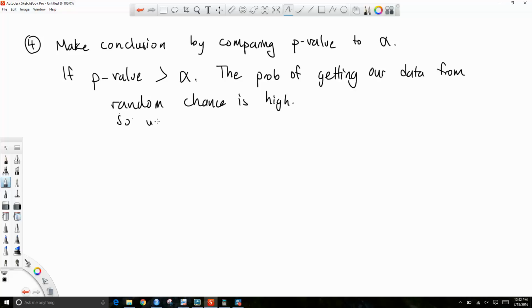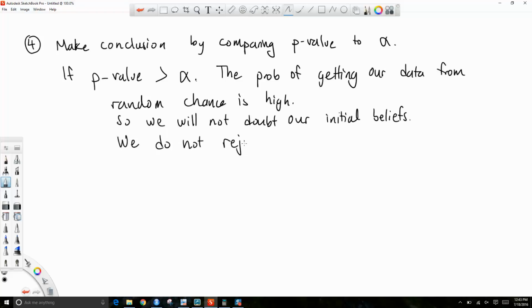So we will not doubt our beliefs. So that means we do not reject the null hypothesis, okay? Or in other ways, we say we do not have evidence to support the alternative, okay?